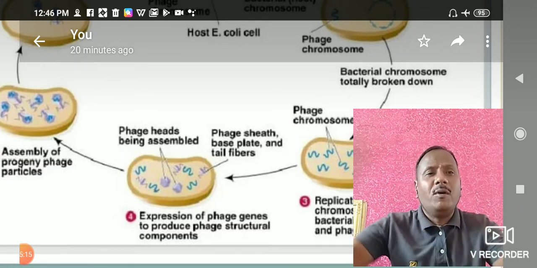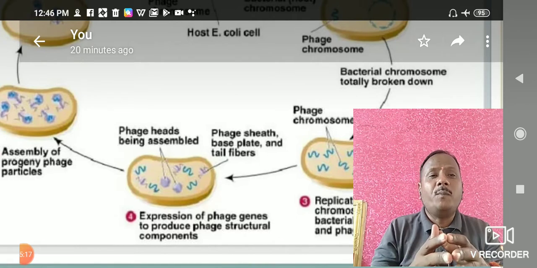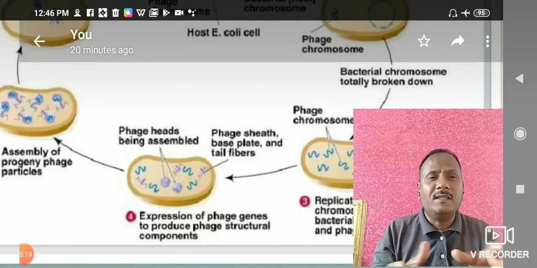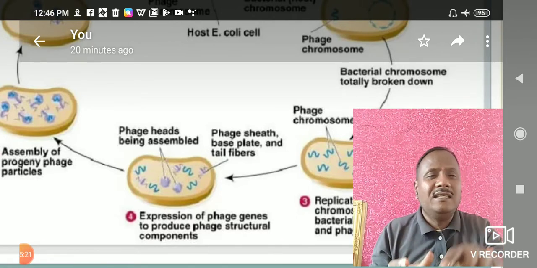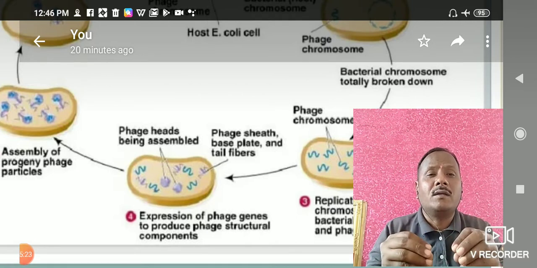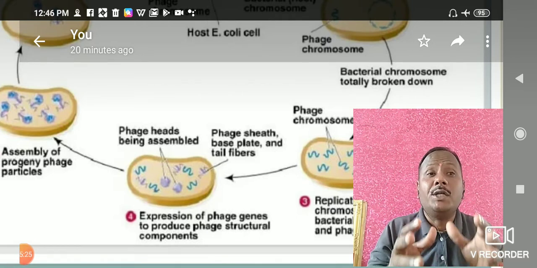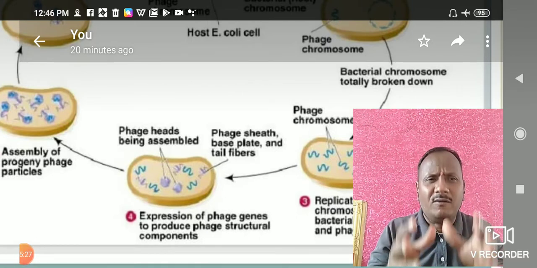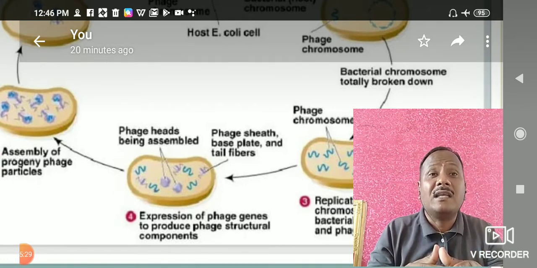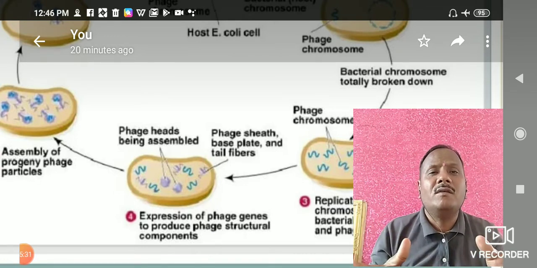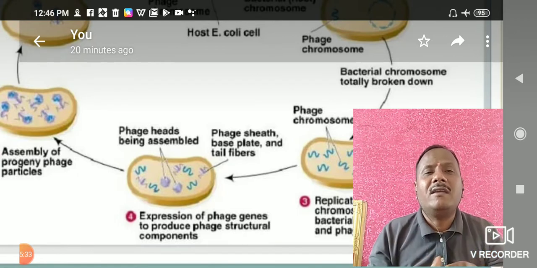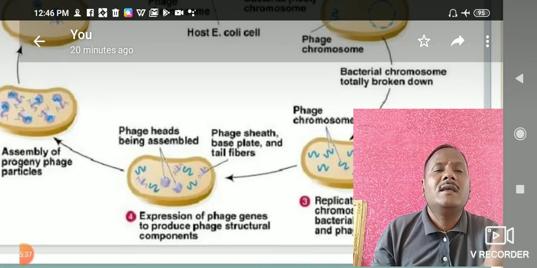Once the number of chromosome particles form in the last stage, in this stage what happens? Whatever the structural components of viruses or bacteriophages, they are produced within the bacterial cells, just like the phage head, the phage sheath, base plate and tail fibers.